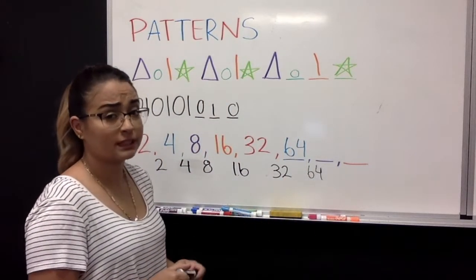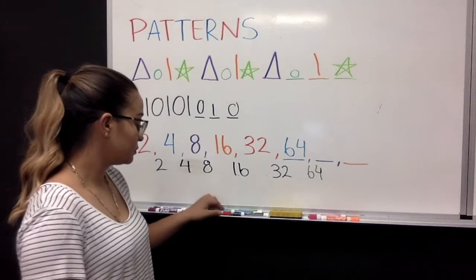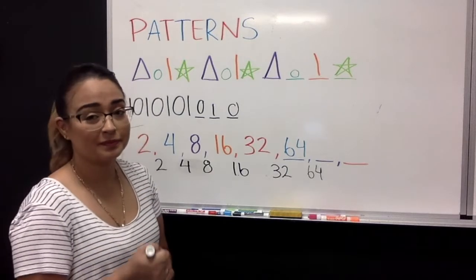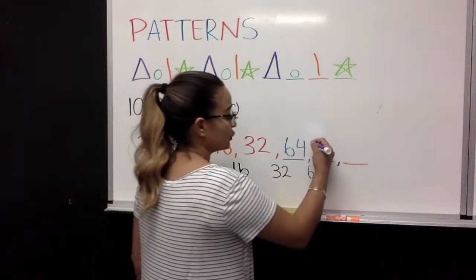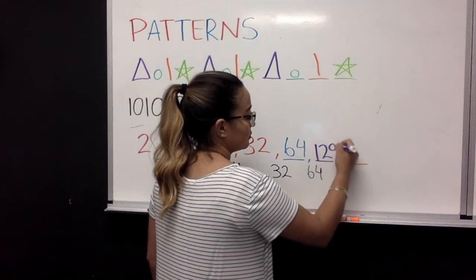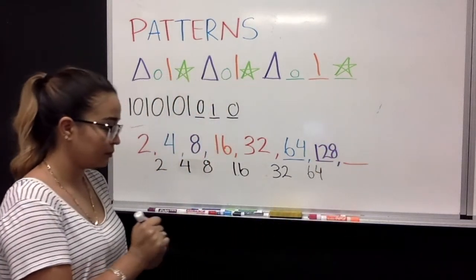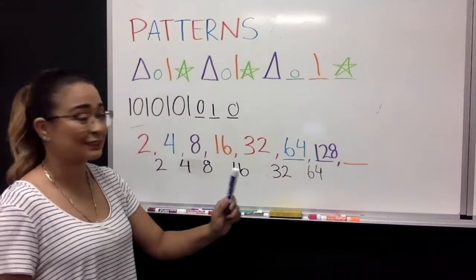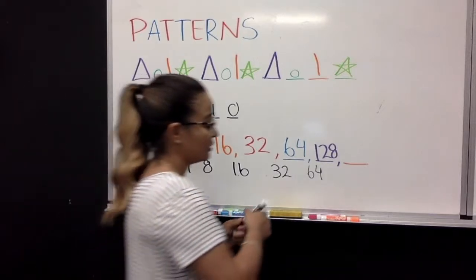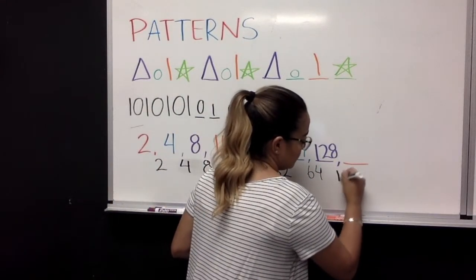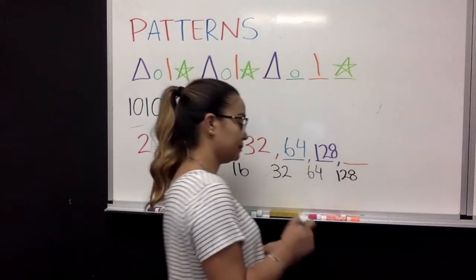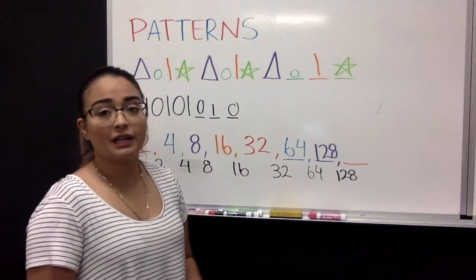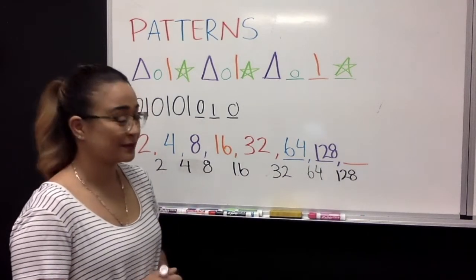So what's 64 times 2? We're going to write it in purple. 128. Now there's going to be 128 numbers in between this number and our next number.